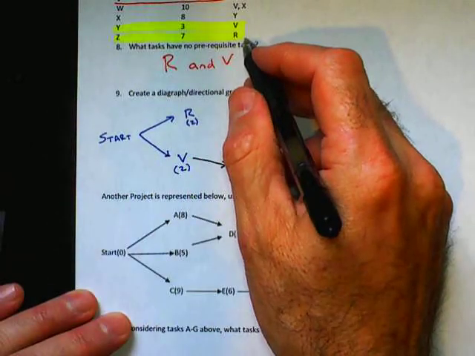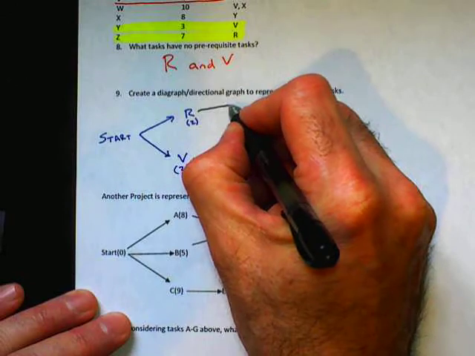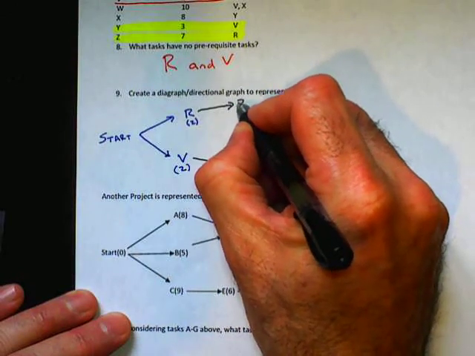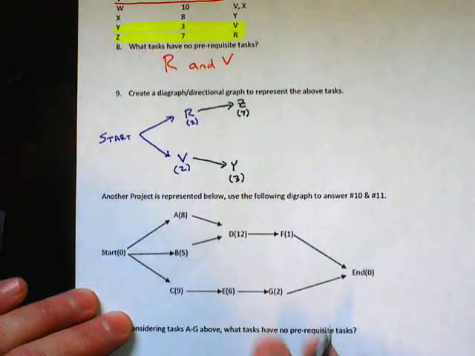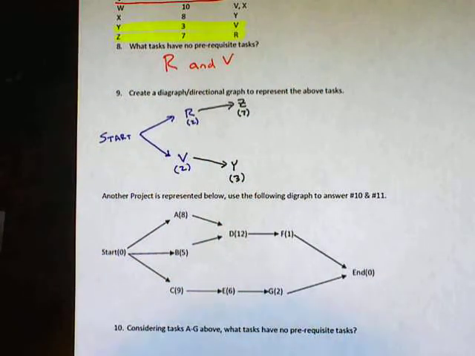Once R is done, then Z can get done. That takes 7 hours.